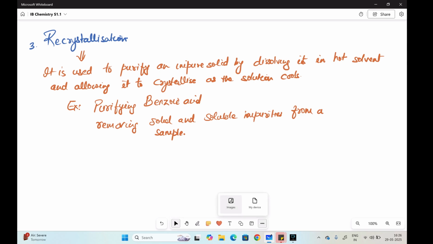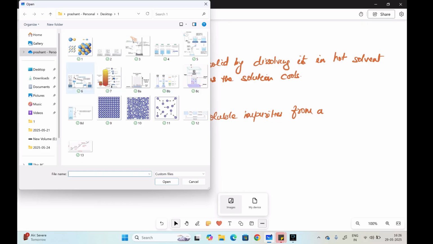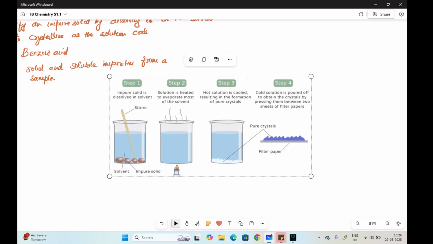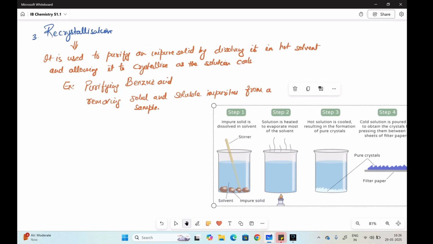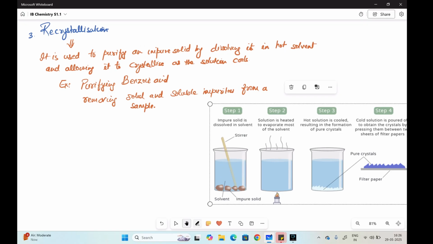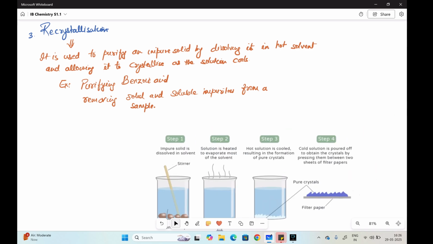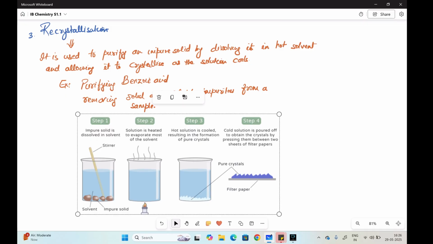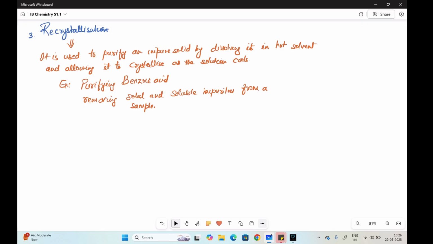Let me show you an image where how we can use this recrystallization method. Let me show you one more time.